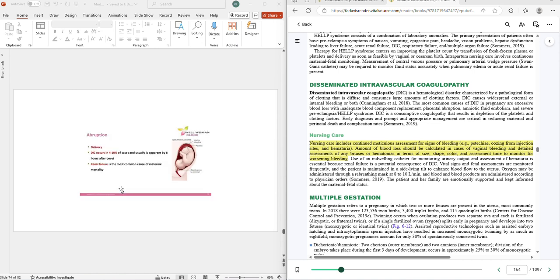So, and then abruption. DIC occurs in 4 to 10% of the cases, and usually is apparent by 8 hours after the onset. And renal failure is the most common cause of maternal mortality, because of course, if there's no blood, there's no perfusion to those kidneys, they start shutting down.